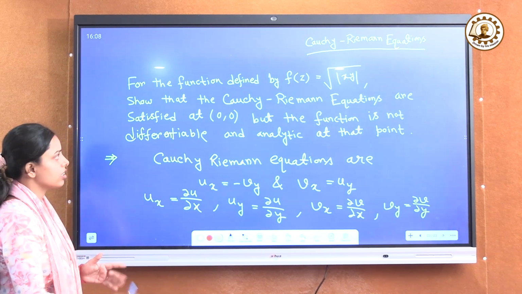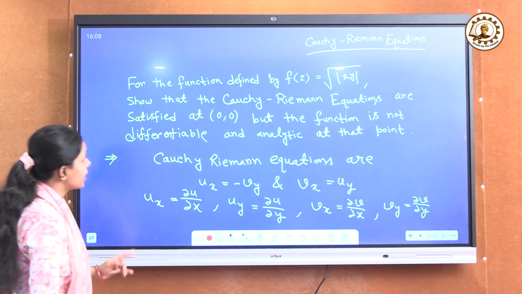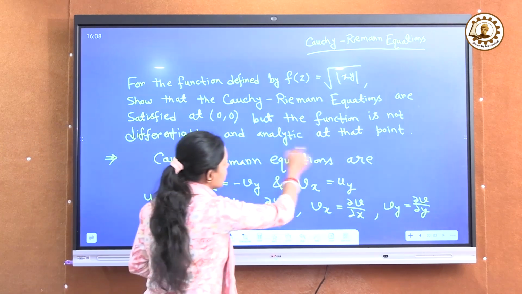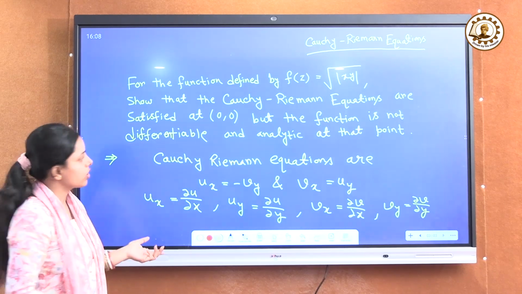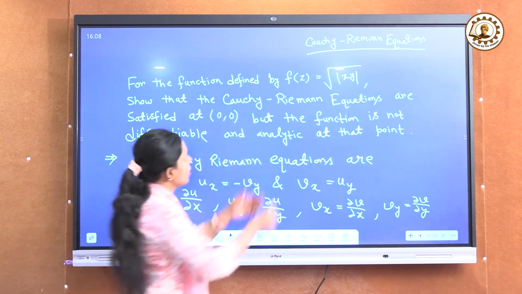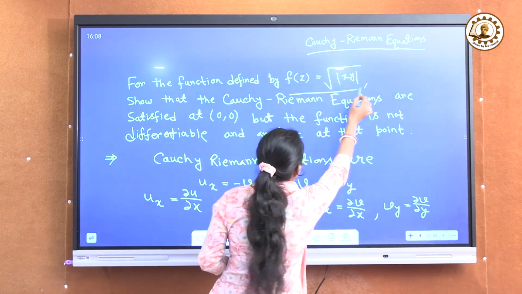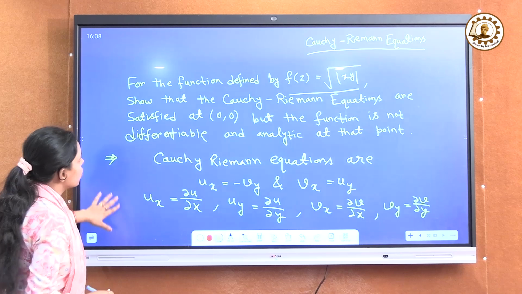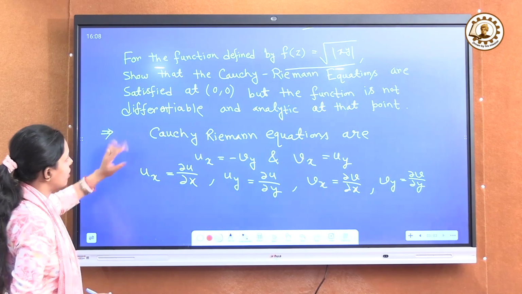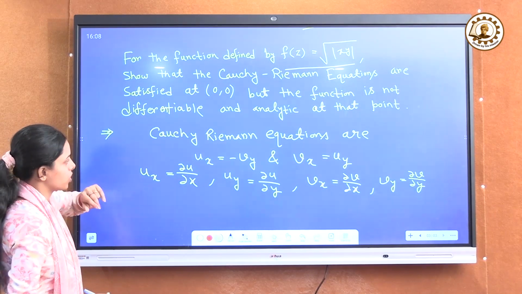This is the necessary condition. And the sufficient condition is that if the Cauchy Riemann equations are satisfied, then the function is differentiable and analytic. But here the sufficient condition is not true. So, as the example, we take f of z equal to root over mod of xy and prove this theorem. At first we satisfy the Cauchy Riemann equations.